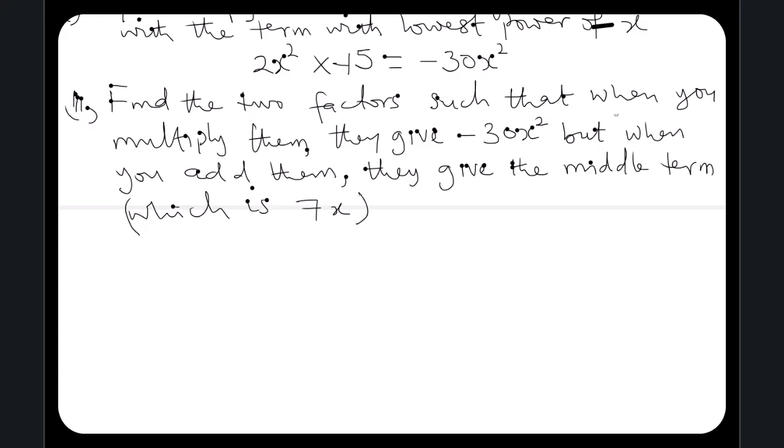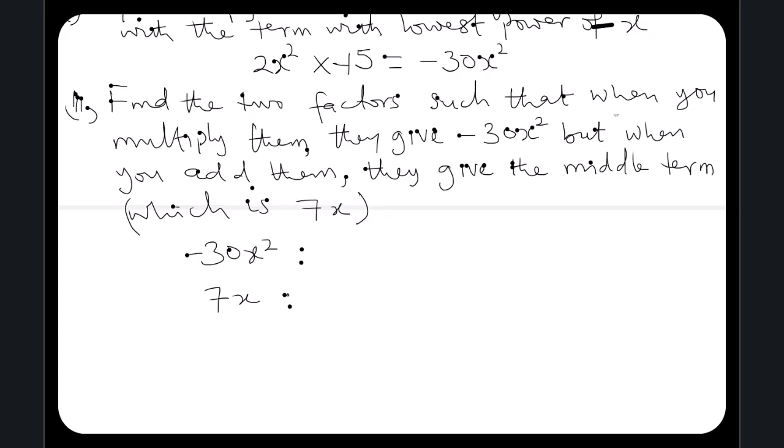Am I communicating now? So you have to find two terms such that when you multiply them, they give you minus 30x squared, and when you add them, they must give you 7x. So let's look for the two terms. This is where this method is very confusing.